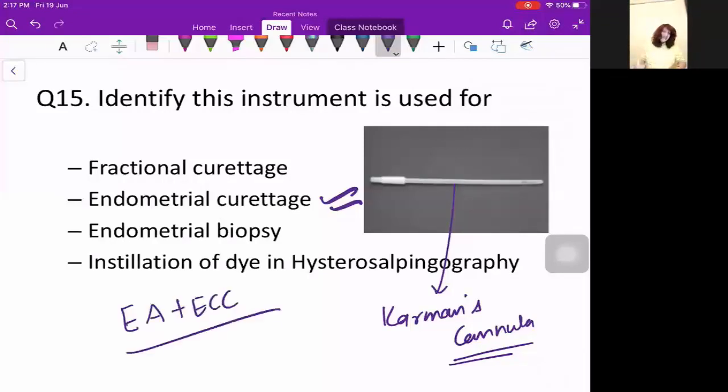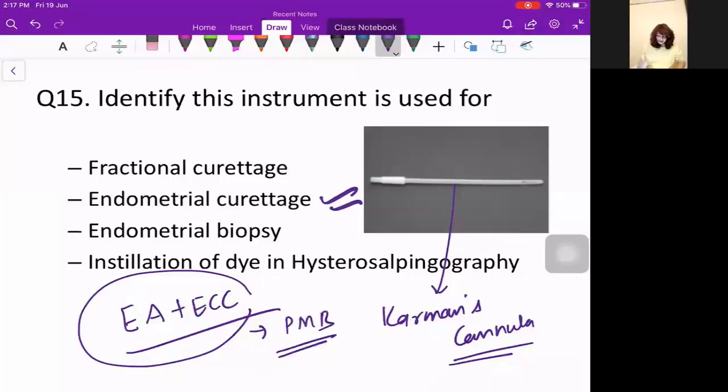EA is endometrial aspiration cytology, and ECC is endocervical curettage, which is an investigation done when a female presents with postmenopausal bleeding. So this is used for endometrial curettage.